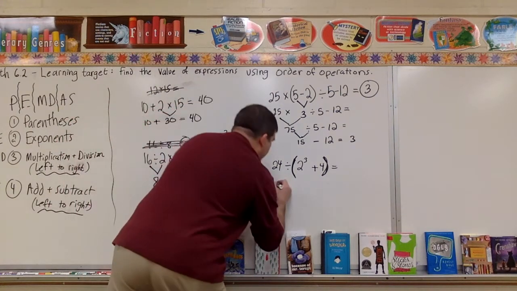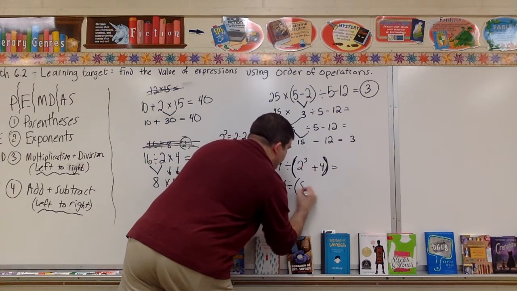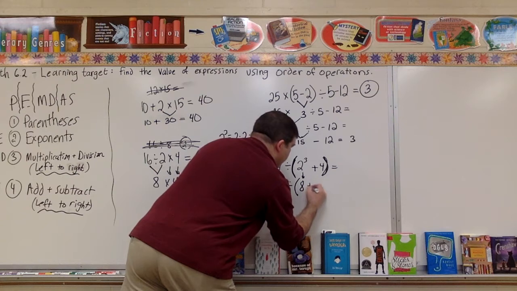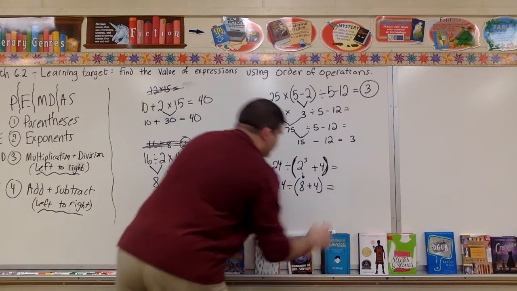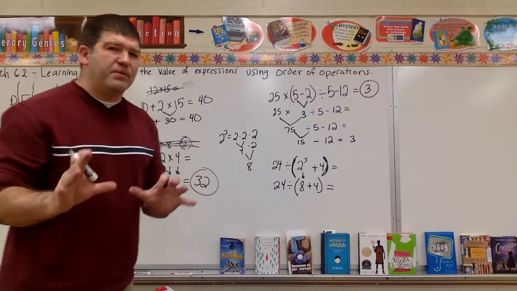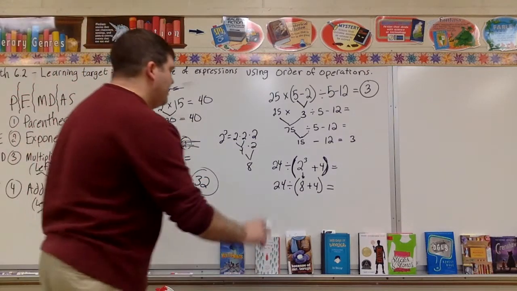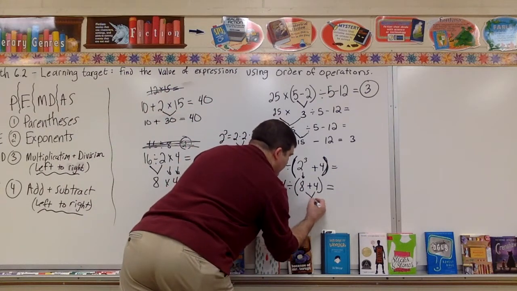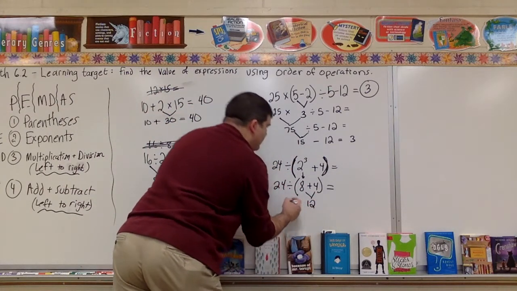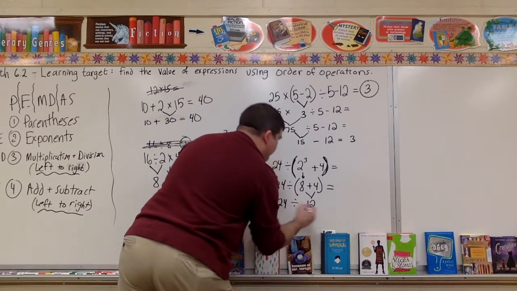So, I'm going to do 24 divided by, this is 8 plus 4 equals. Okay? So I did a little bit in the parentheses, but I'm not done with the parentheses. I got to finish that before I move on. 8 plus 4 is 12. Okay, now I'm done with the parentheses. I bring everything else down.